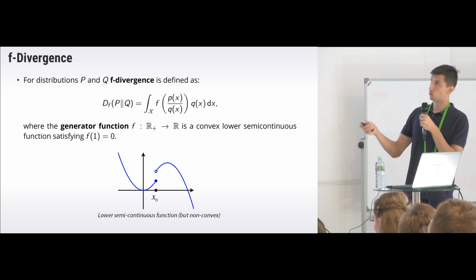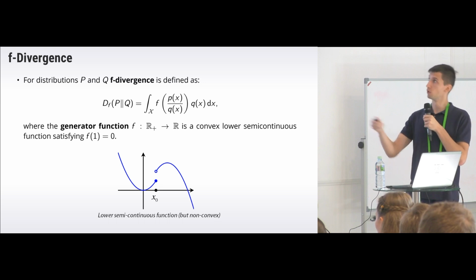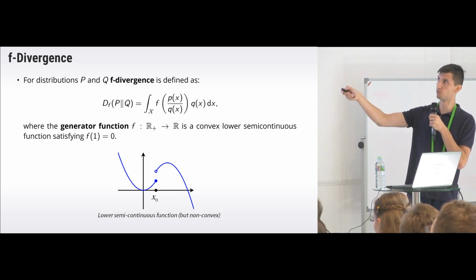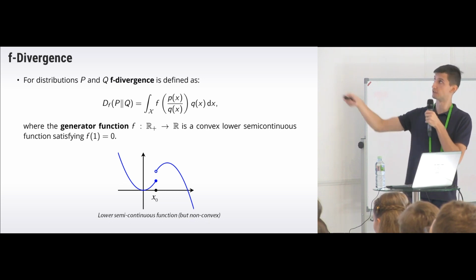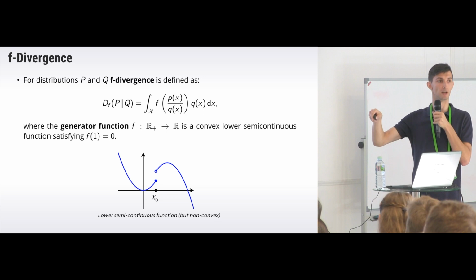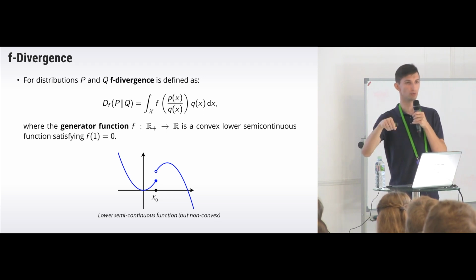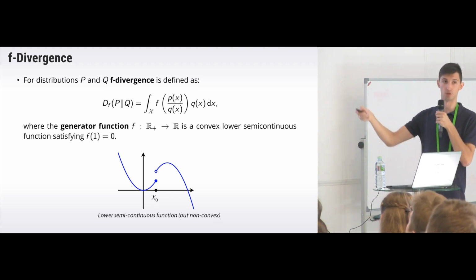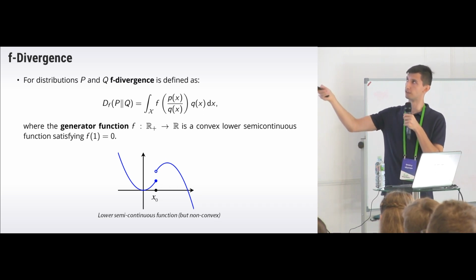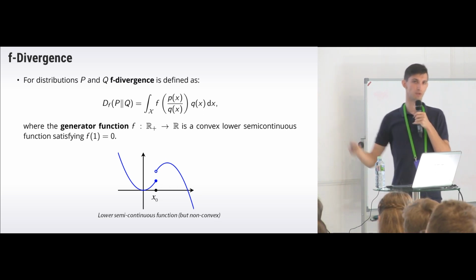Talking about primal and dual formulations, this is a primal formulation. The problem with it for our case is that it requires us to evaluate the density at every point in order to compute this divergence. In an implicit model, we do not have Q of x, and P of x we also don't have.